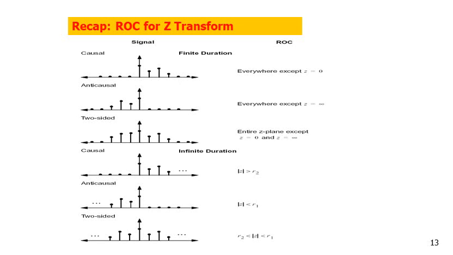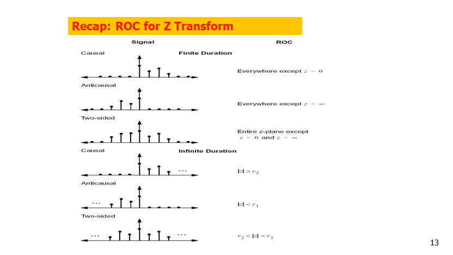For infinite duration sequences, as given in the last three plots, for a causal sequence the ROC would be |z| greater than some circle of radius R2. For anti-causal, it will be inside a circle of radius R1, and for a two-sided sequence, it should be in between the two circles, which will be a ring in this case.